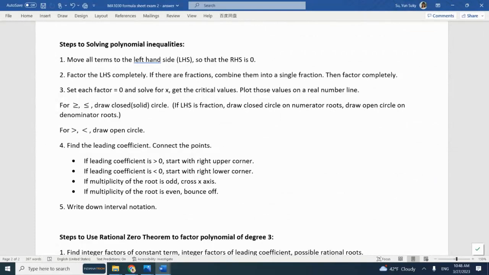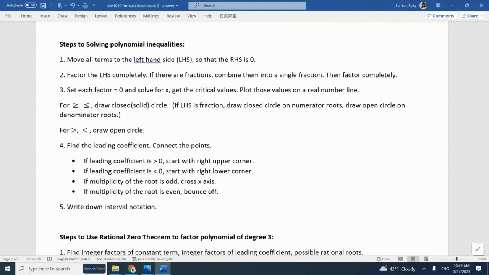If the left hand side is a fraction, draw a closed circle on numerator roots and draw open on denominator roots. On your notes, we have a typo. I put a solid, right? Yeah. So correct that typo, change to open circle. Your denominator cannot be 0, so your denominator root is always an open circle.